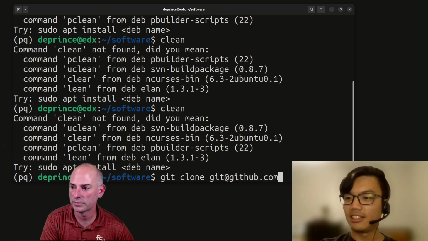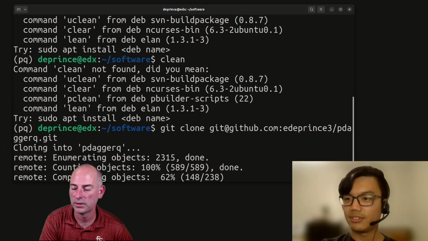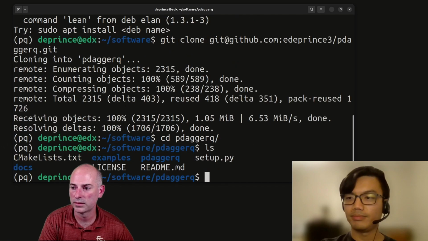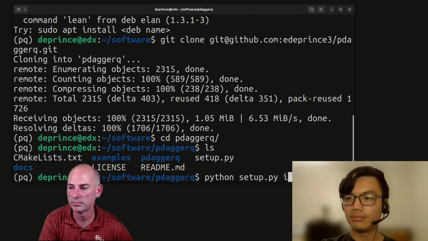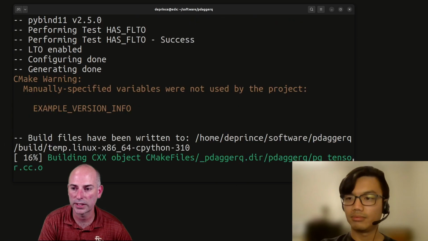I'm just going to clone the repository. Go into the repository. There's the README that we just went through. If I want to install it, I just say python setup install. So it has to check some C++ stuff.